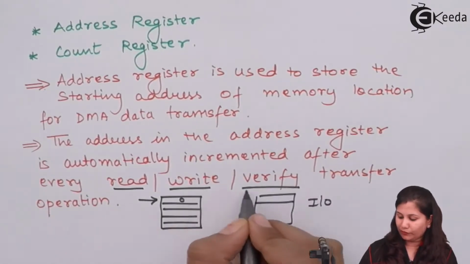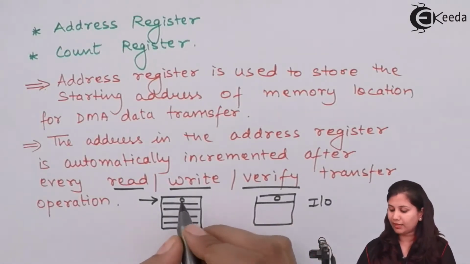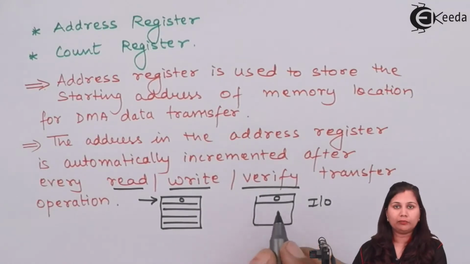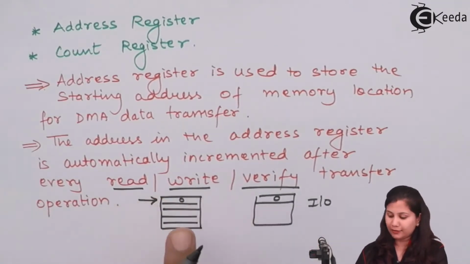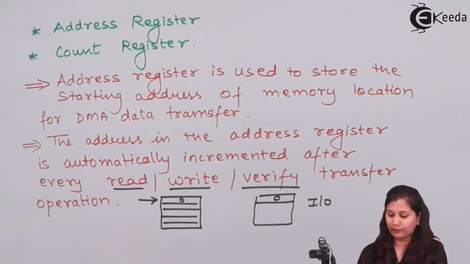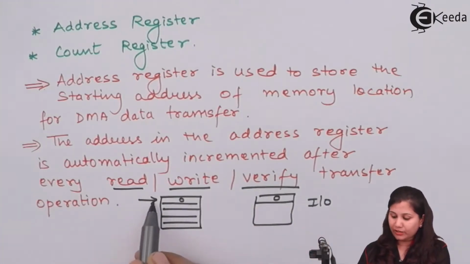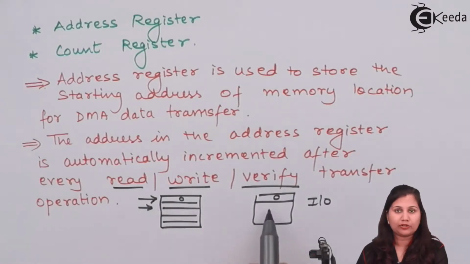This 0 will first be read from this memory location and then written at the input output device, and then it is verified that 0 is correctly transferred at the destination location. Then the address in the address register will be incremented, and the data at the next memory location will be transferred.